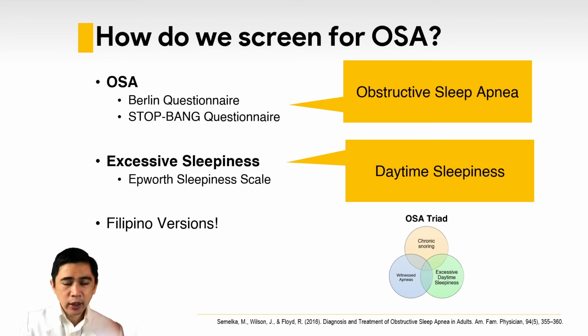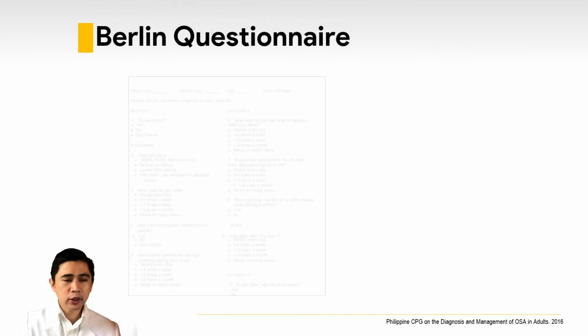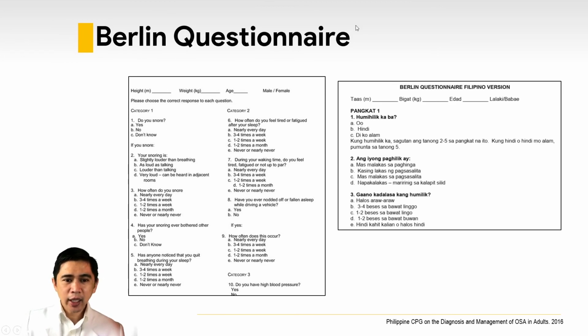So let's take a look at what a Berlin questionnaire looks like. It looks like this one. It has 10 questions, very easy. And this is the Berlin questionnaire Filipino version. Like in category 1, humihilik ka ba? I think everyone will understand that.